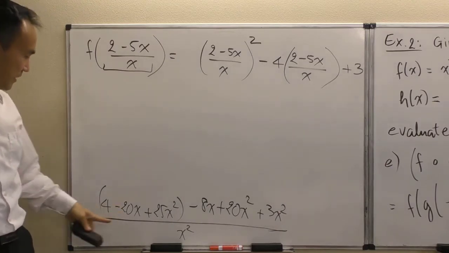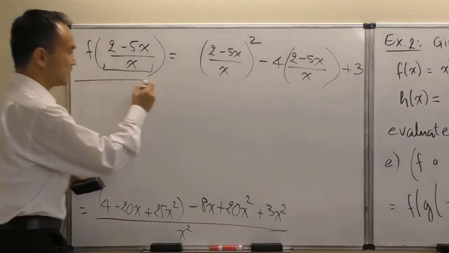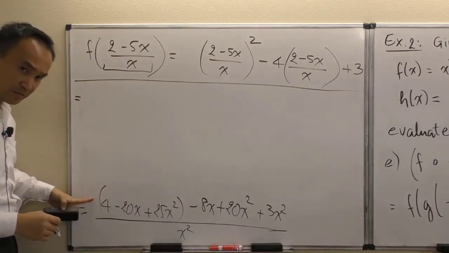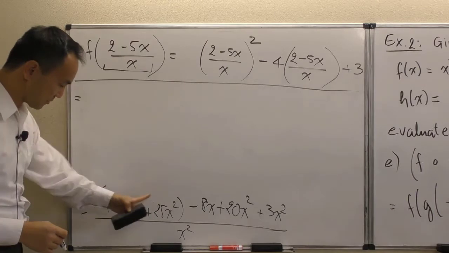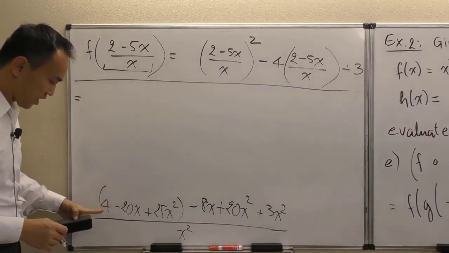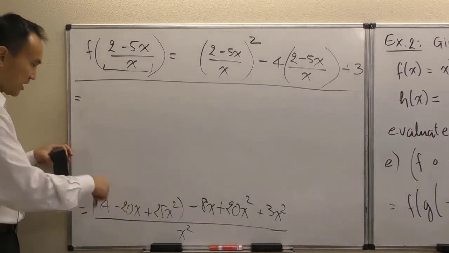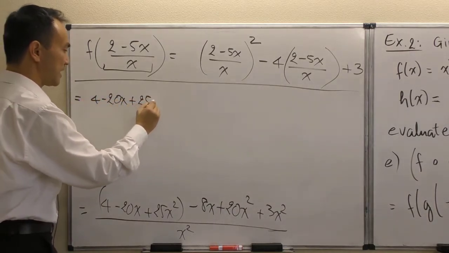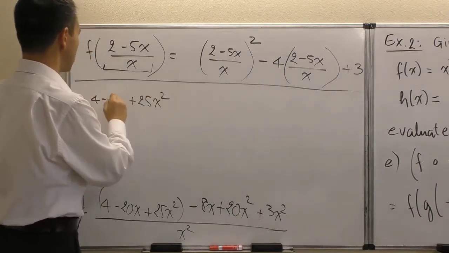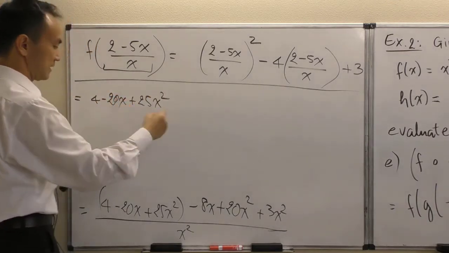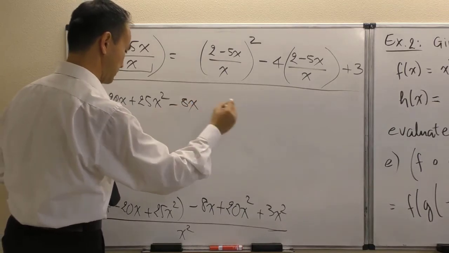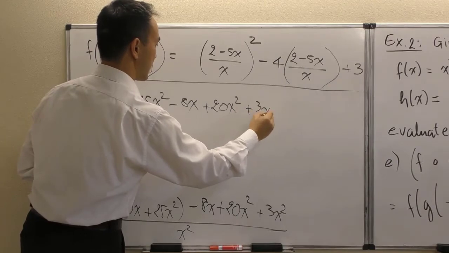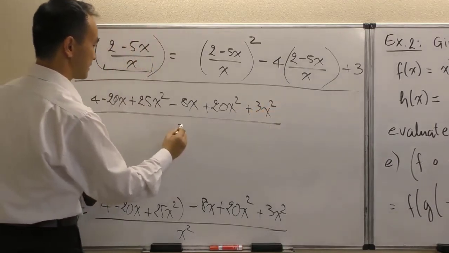All right, so continuing our work from here, there was a positive sign right here, so taking away the parentheses will not change the signs. So it's 4 minus 20x plus 25x squared, and then minus 8x plus 20x squared plus 3x squared, and all over x squared.